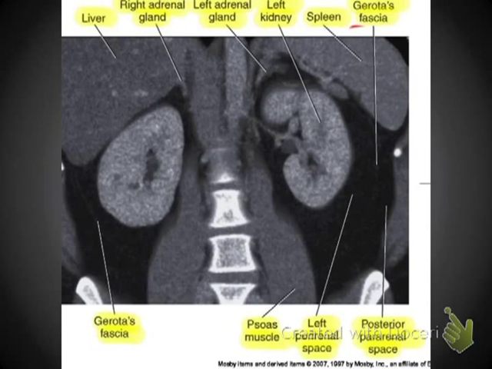So looking at the kidneys, we have the left kidney, the right kidney here, and then we have this structure here, which is the left adrenal gland. We can see the right adrenal gland here, but not very well. The left is better demonstrated here, and it still holds that shape that we've talked about. I notice that it's separated by the perirenal fat from the kidney.